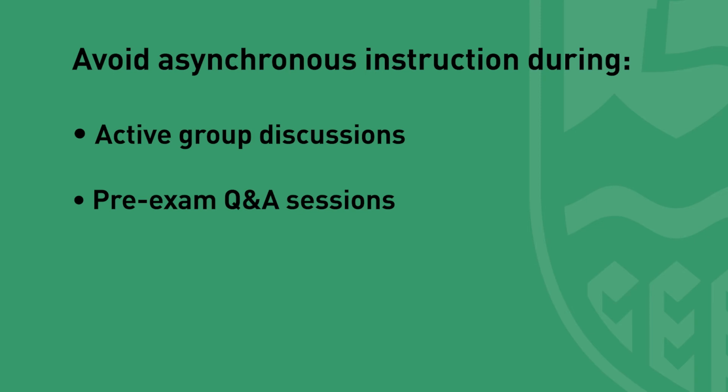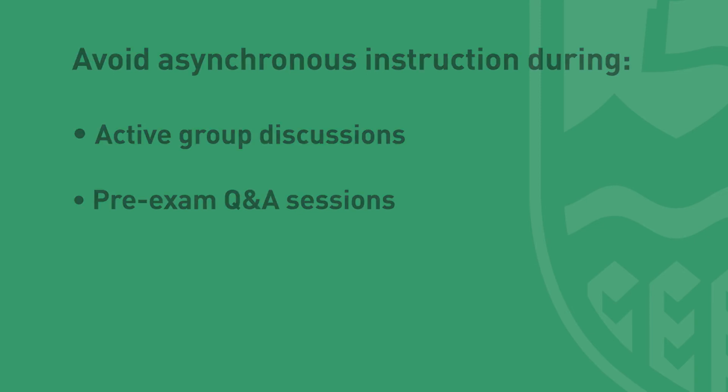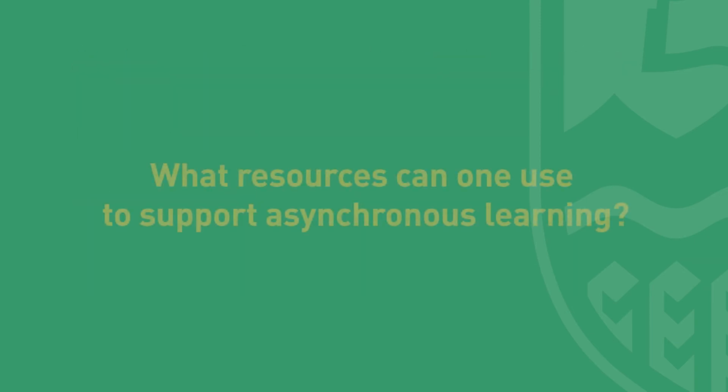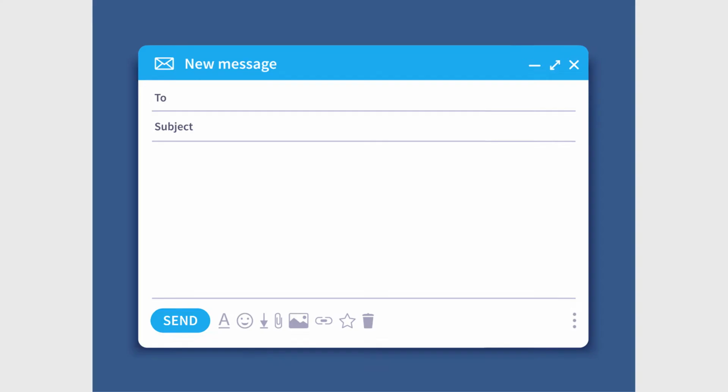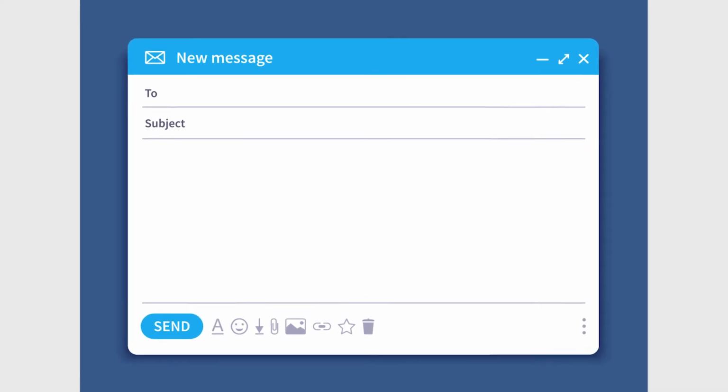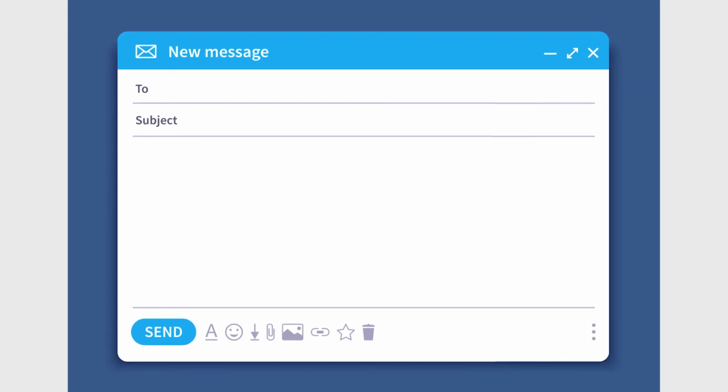Now that we've covered the pros and cons of asynchronous learning, let's discuss some practical tools that will facilitate you as you incorporate this type of instruction into your course. What are some resources one can use to support asynchronous learning? Instructors teaching in an asynchronous environment have various tools at their disposal. Firstly, email, which can be used as one-to-one or one-to-many communication.